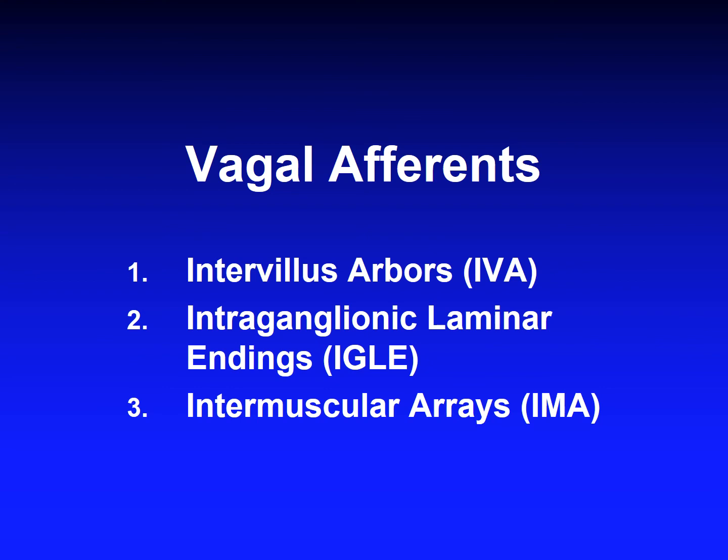Intravillous arbors, from the name, collect information from the villi in the lumen of the intestine. The intraganglionic laminar endings collect information from the ganglia of the enteric nervous system, both myenteric and submucosal plexuses. The intermuscular arrays collect information from the muscle layers of the gut, and they send that information again to the dorsal vagal complex in the hindbrain, or the brainstem. So these are the vagal afferents that collect the information.